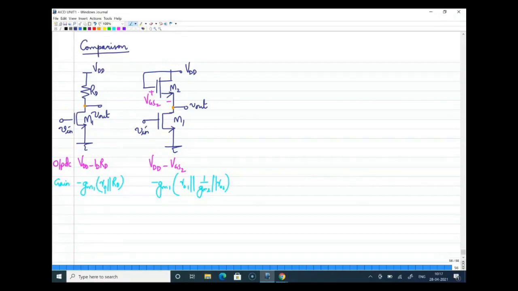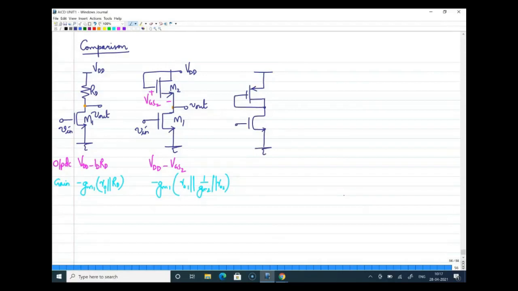Moving on, the third circuit is we just modified this. Not modified, we changed this NMOS diode connected load to a PMOS diode connected load, and that is the circuit.